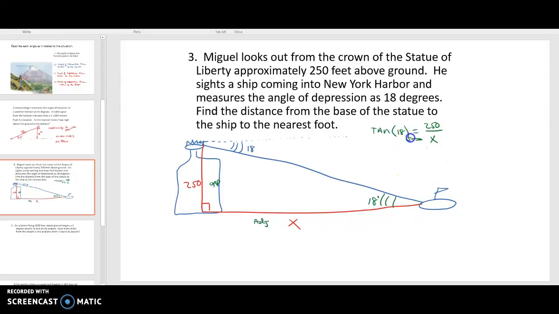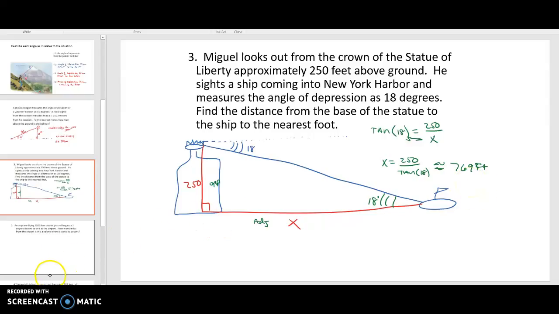And remember, when x is in a denominator, you are basically flip-flopping positions, and you would get 250 over the tangent of 18 degrees. If you go ahead and figure that out, you are approximately 769 feet from the base of the statue.